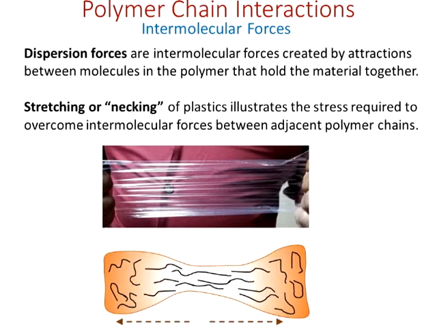And this illustrates the presence of those intermolecular forces. That's what happens when you pull on the plastic. Next time you get a chance to stretch the plastic, you'll feel it. All of a sudden it pulls, then all of a sudden it gives, and it pulls very freely. That's because you've overcome the dispersion forces between the polymer chains.